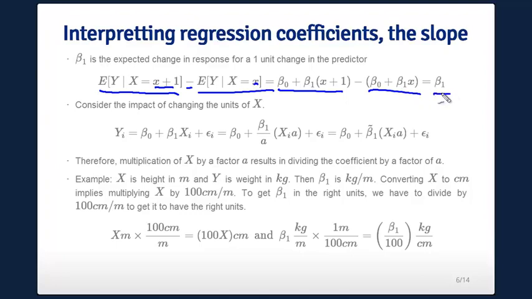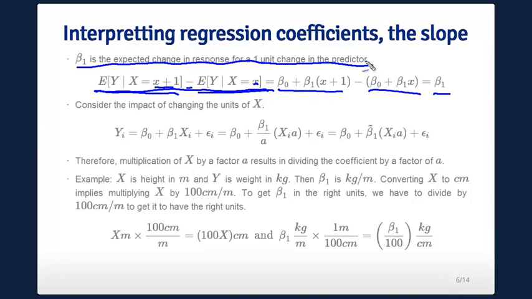Do the arithmetic out, and that's beta 1. So if we read and interpret this correctly, beta 1 is the expected change in the response per 1 unit change in the predictor. We talked about what shifting x does: shifting x doesn't change the slope, it only changes the intercept.